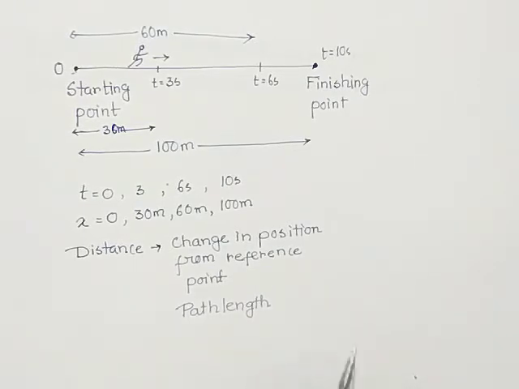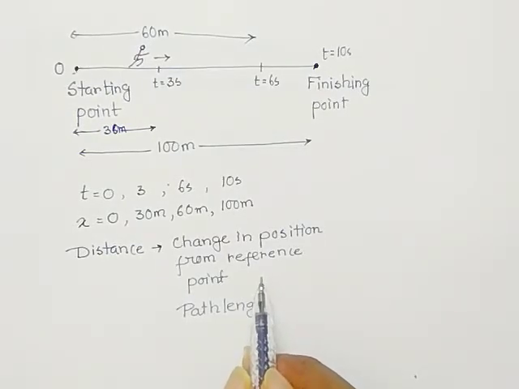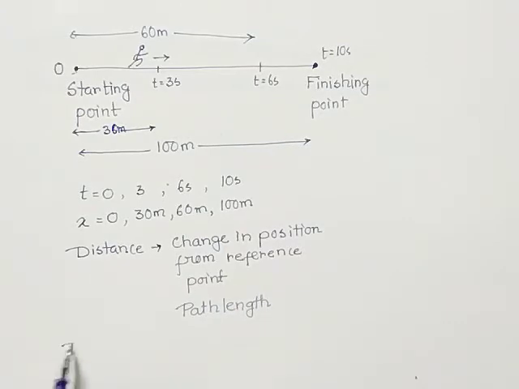But there are some quantities which do not depend on the path length, but only on the initial position and the final position. Here we have considered the reference point as the initial position. There is another quantity called displacement.